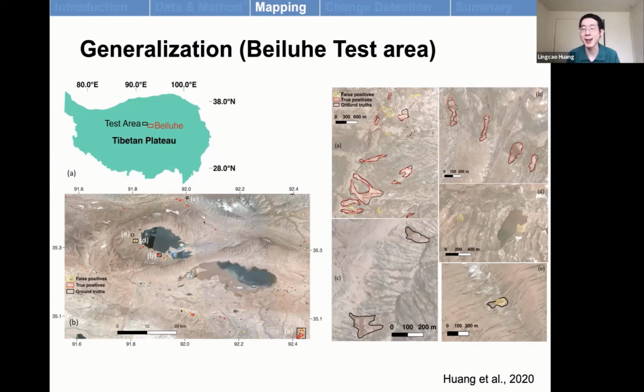But it also raises another question: when you apply this algorithm to a new region, the performance may be lower. This raises the question about data bias, due to the bias between the training data and the test data. And this is also a frontier of deep learning research.